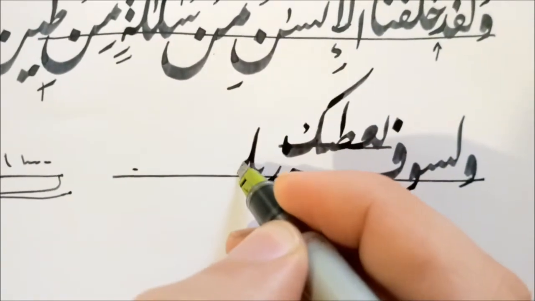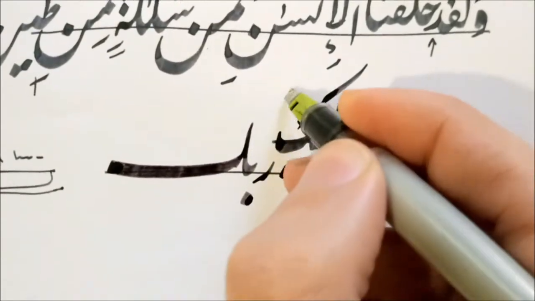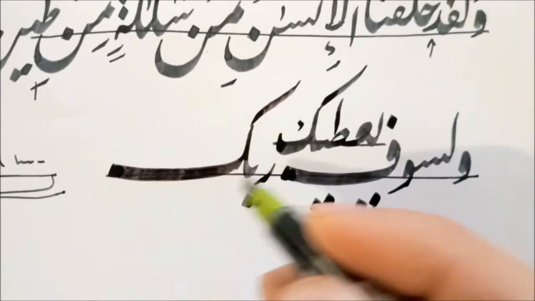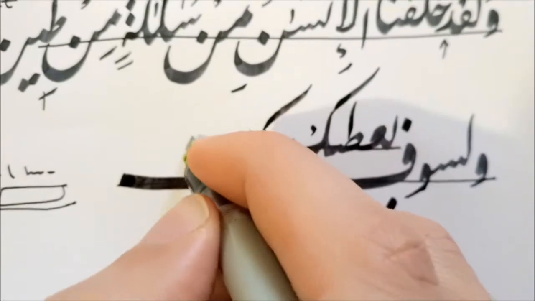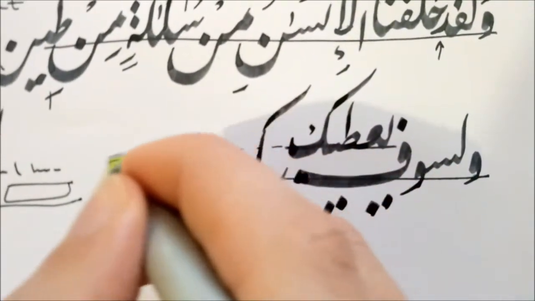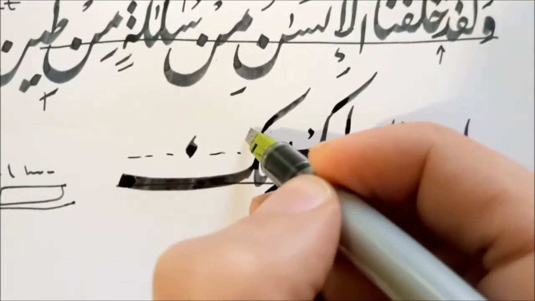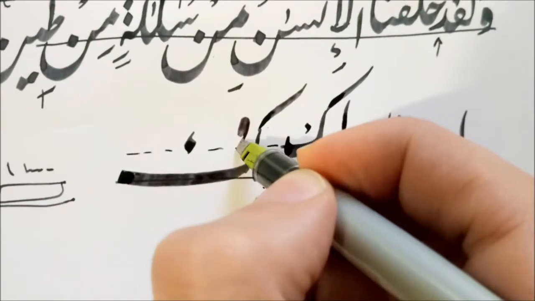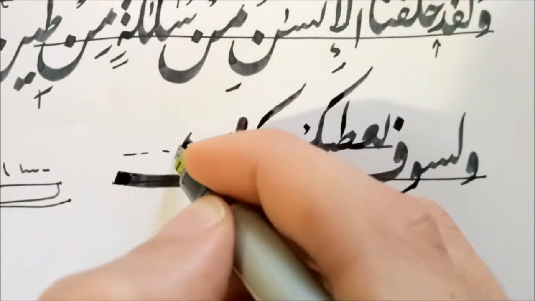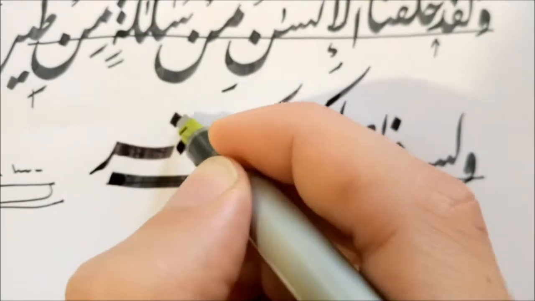And we are going to use the extension of the kaf as the second attachment or اقتران. رَبُّكَ فَتَرْضَى. فَتَرْضَى would come with the same line as this one. So here we've got the fa, and we are going to add a Qashida ta, and the ra would go down here, and we're going to put the dots here.